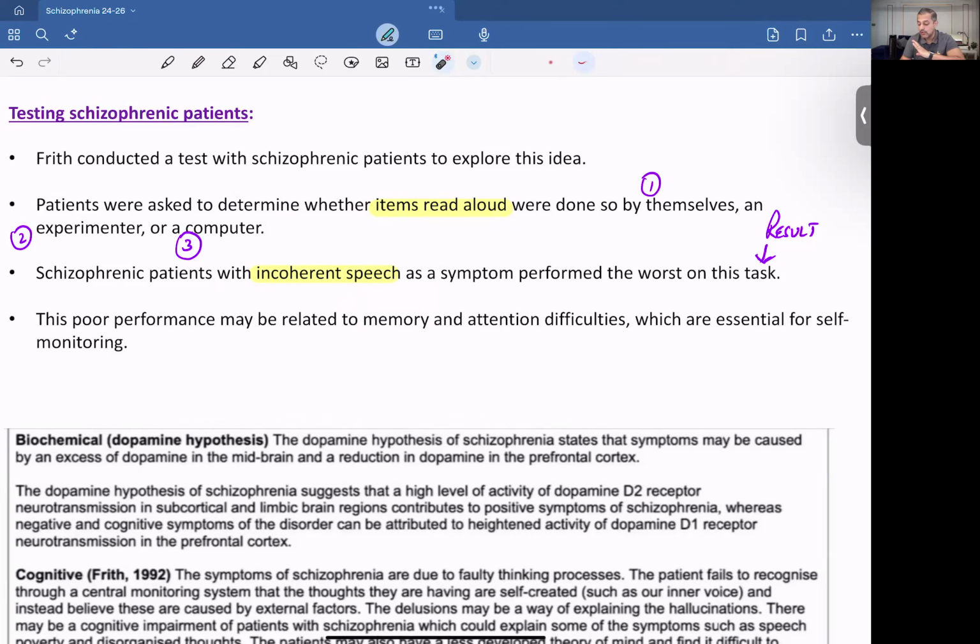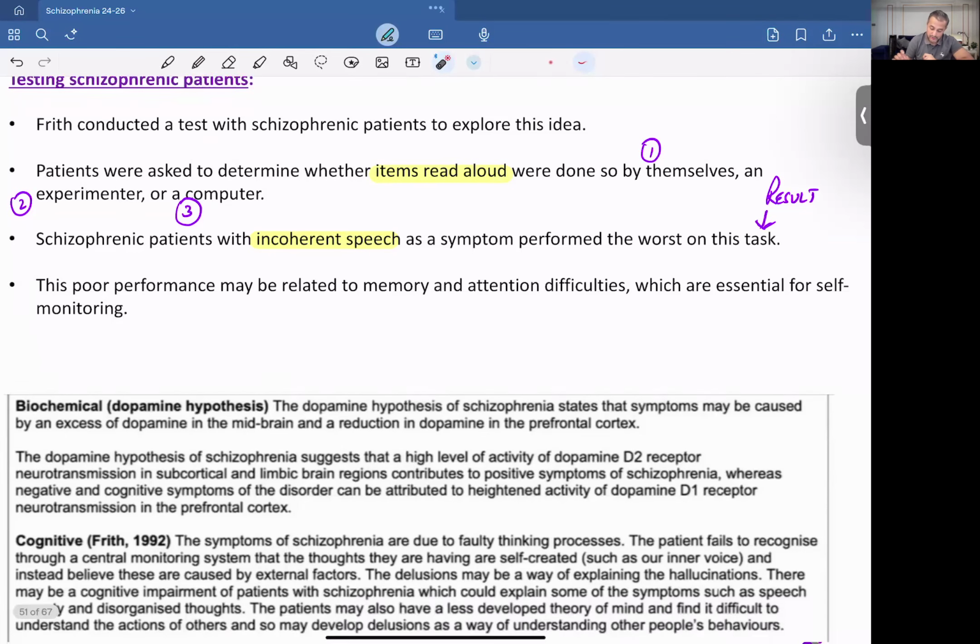In other words, if you recall, according to Frith, patients who are schizophrenic experience problems with self-monitoring, the term we used was abnormality of self-monitoring. This is related to memory issues and attention difficulties, which results in incoherent speech, again a symptom of schizophrenia.